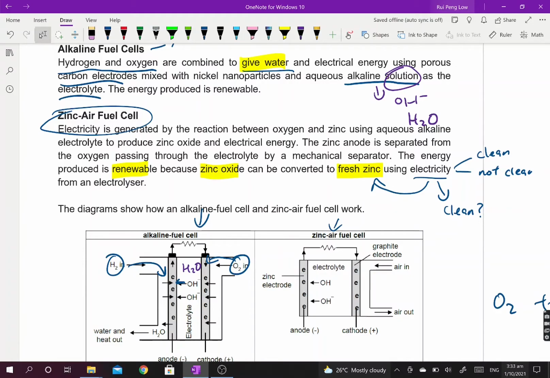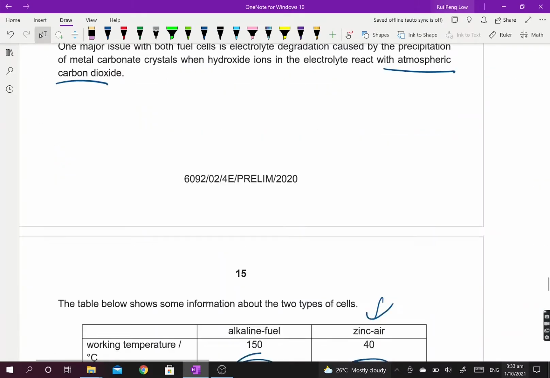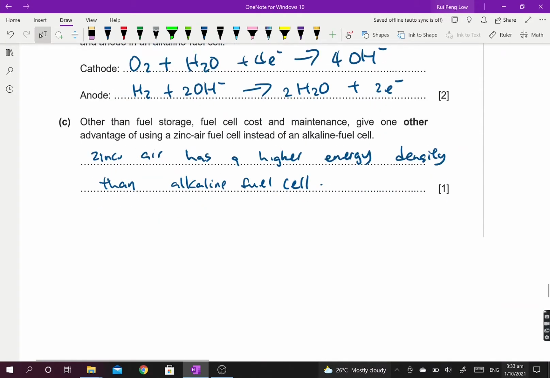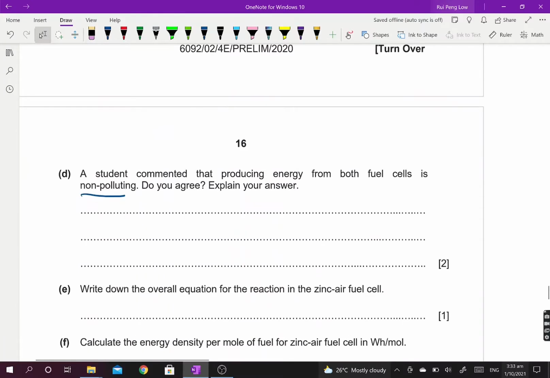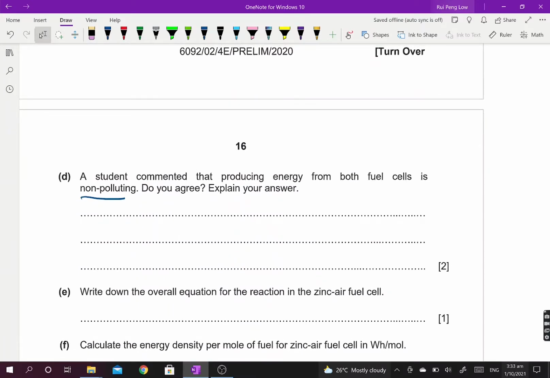So again, it comes back to the question, how do we get the electricity? I'm quite sure that at least 80% to 90% of our electricity comes from burning of fossil fuel. So I would say no, do not agree.